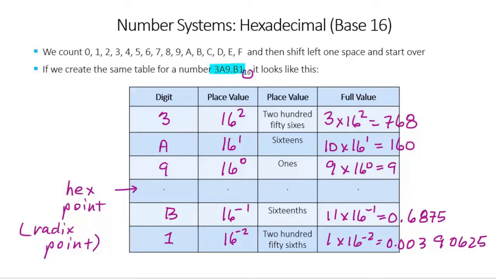Again, the 768, 160, and the 9 and the 2 decimal values are all in base 10, so I can add them together, and I get a total of 937.6914065. So I've read the base 16, the hex number 3A9.B1, into decimal. I'll be clear about that with a subscript of 10.